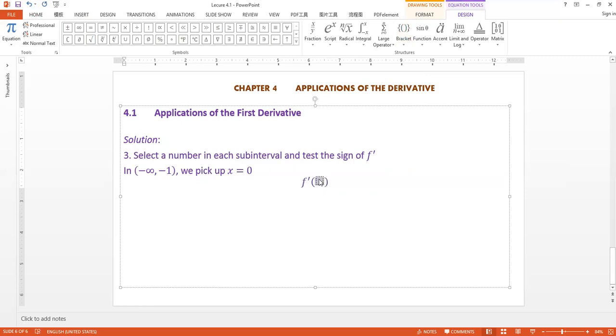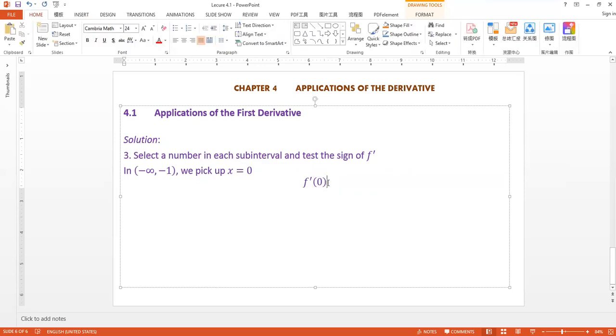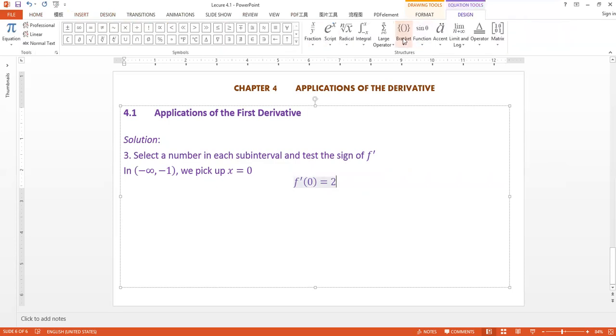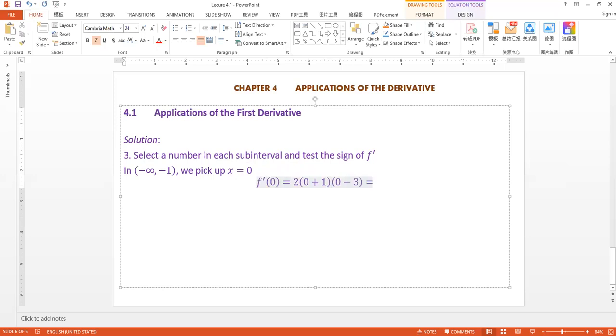So if you plug in 0 for x, which we picked up from the first subinterval, then we get 2 times (0 plus 1) times (0 minus 3). Well, that's easy to calculate: 2 times 1 times -3. So that's -6. So that's negative.